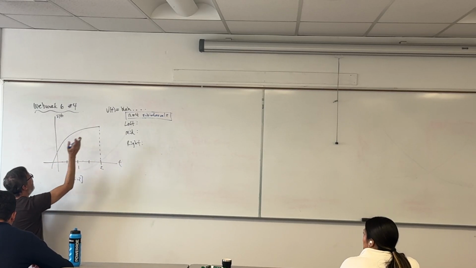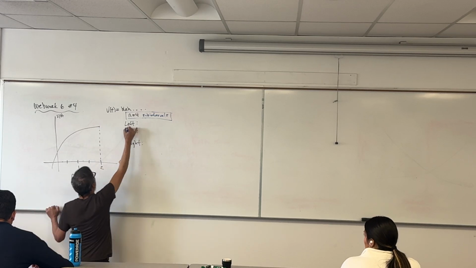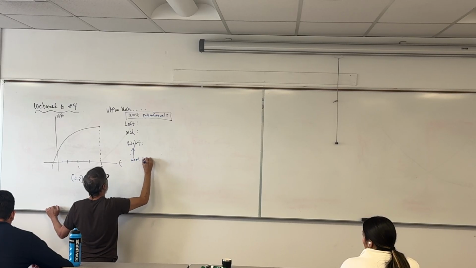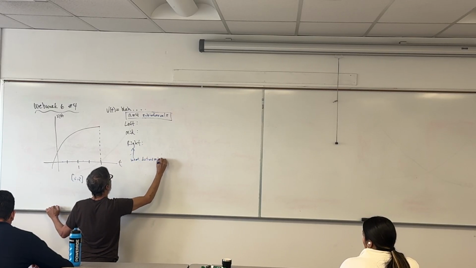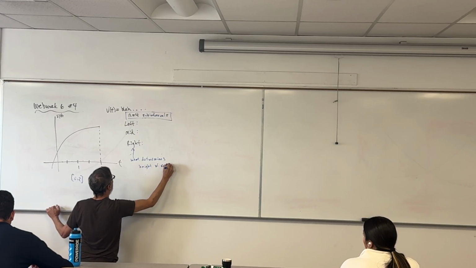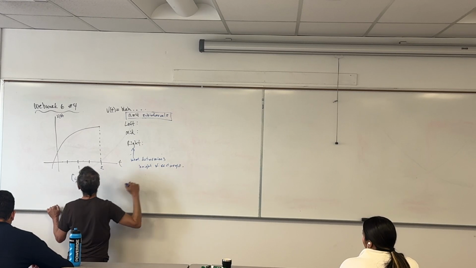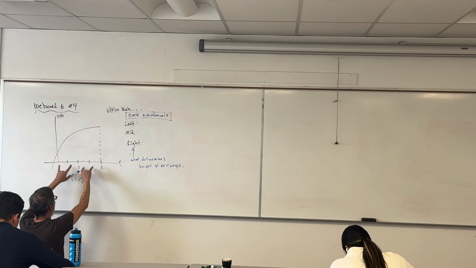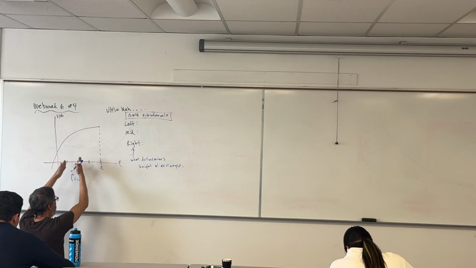So let's say I'm doing the left endpoint. What left, mid, and right determine is the height of the rectangle. If we're going to do the left endpoint, and I've got n equals 4, I'm going to cut this interval into 4 pieces.